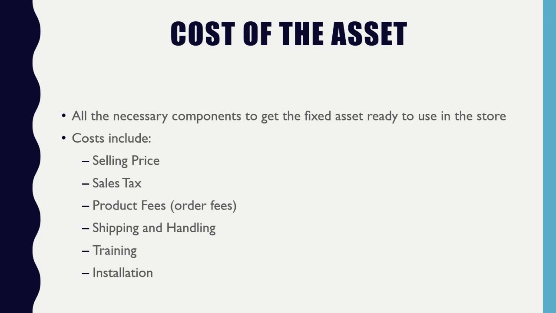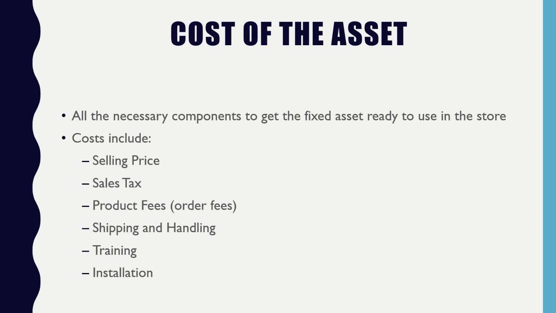The cost of the asset is pretty straightforward. It's all the costs it takes to get not only the asset to the store, but to get it ready for service. So anything that's included, such as obviously the selling price. When you buy your fixed asset, that's going to be part of the cost. Shipping, and especially sales tax, because you're going to be charged sales tax no matter what.